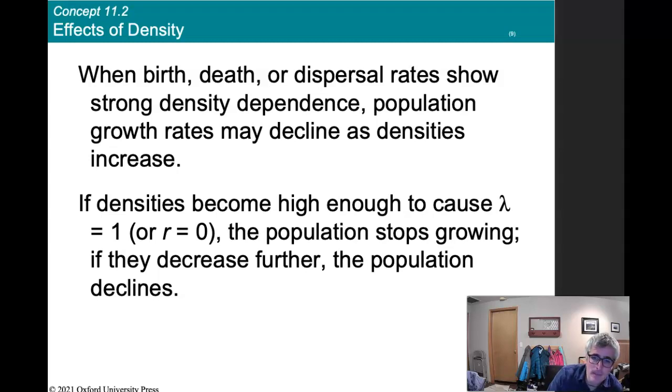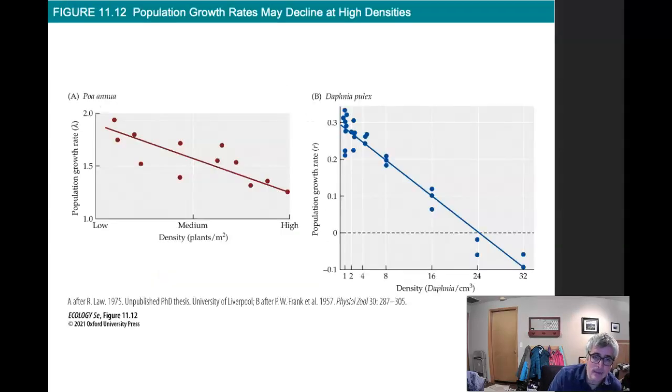If densities become high enough to cause the finite growth rate, or lambda, the geometric growth rate, to become 1, or the intrinsic growth rate to become 0, the population stops growing. If they decrease further, the population declines.